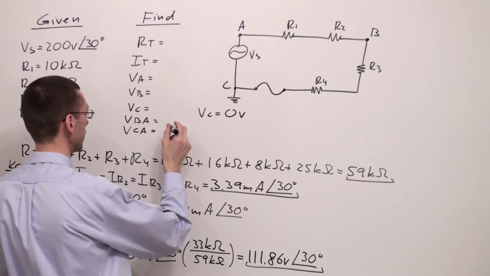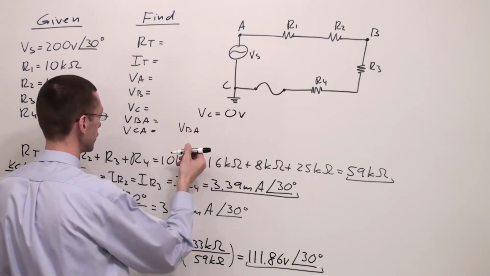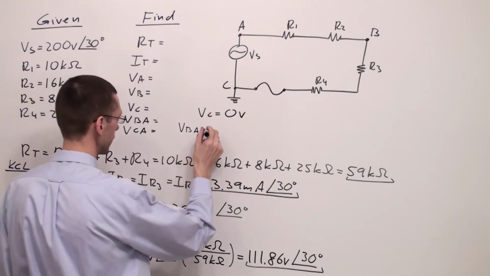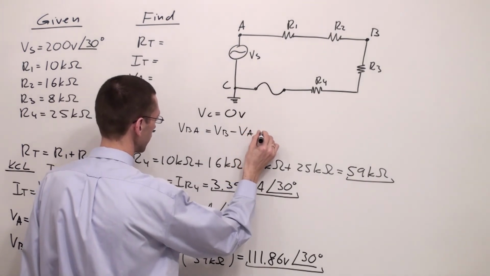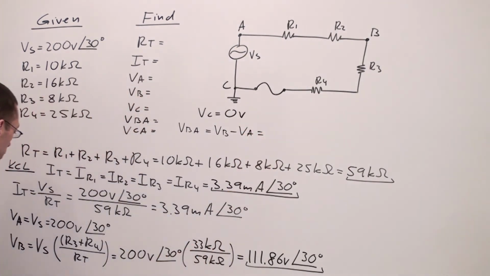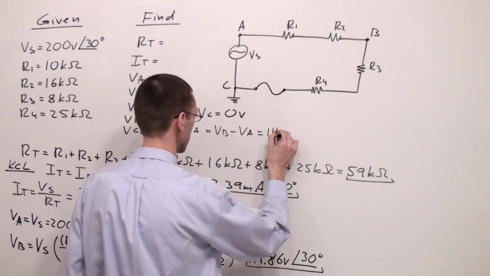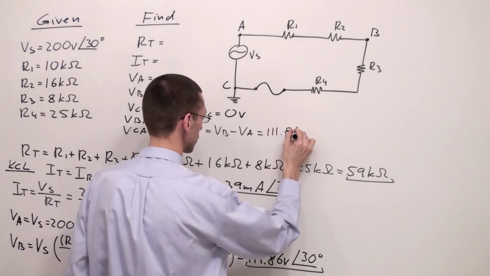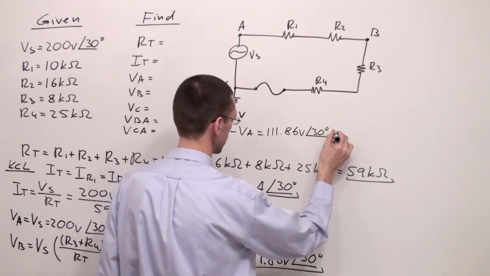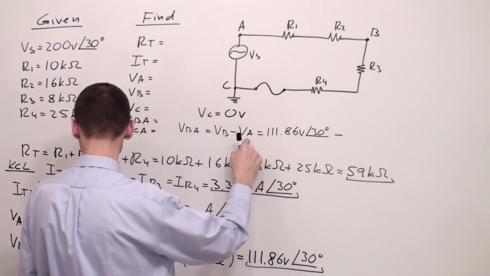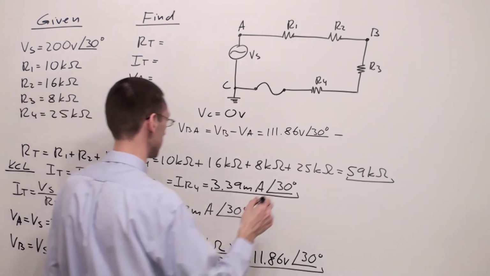Next, we're supposed to find voltage BA. This is the difference between voltage B and A. Simply subtract VA from VB, where VB is equal to 111.86 volts and angle of 30 degrees, and we have to subtract VA, which is equal to 200 volts and angle of 30 degrees.